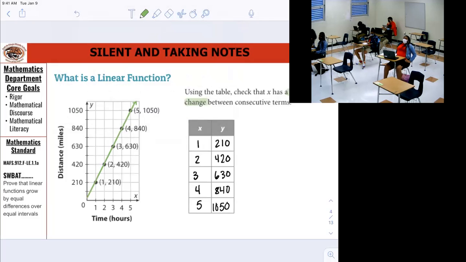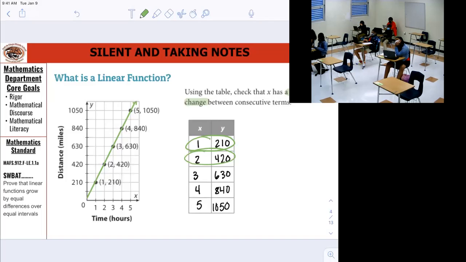So we're going to find the rate of change, just like we did in the previous slide. We're going to find it between the first 2 points and then the second 2 points. And then we're going to do it one more time between the third 2 points, because if we notice that it has the same value every time, that's how you can guarantee that it is a linear function.